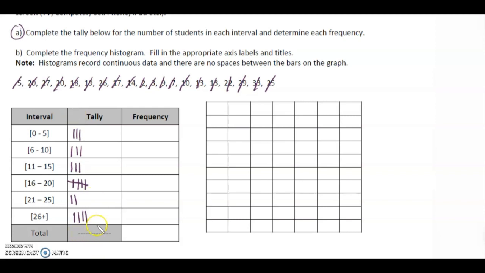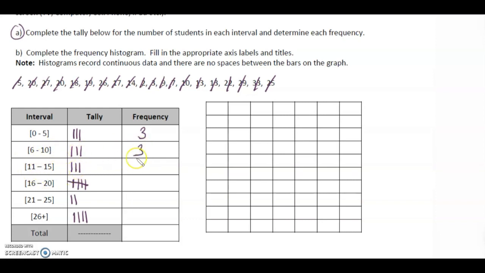So we don't have to total a tally because we're not going to take all these dashes and total them again, but let's go ahead and write the frequency and then we'll total the frequency. So this tally from 0 to 5, we get 3. From 6 to 10, we get 3.